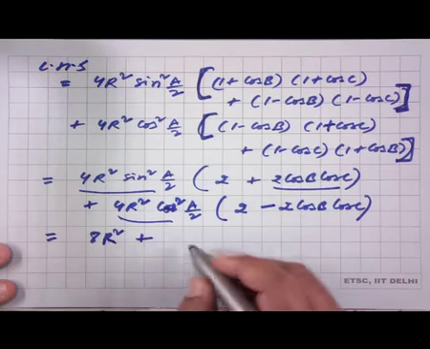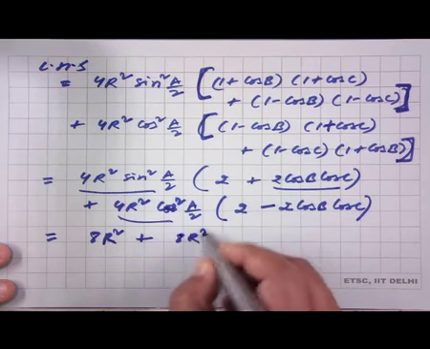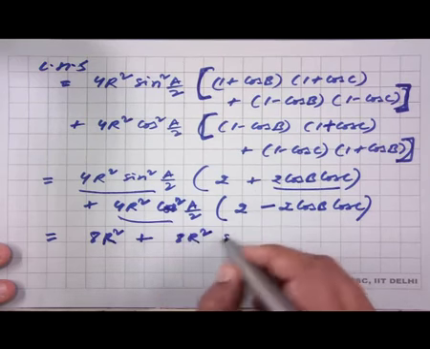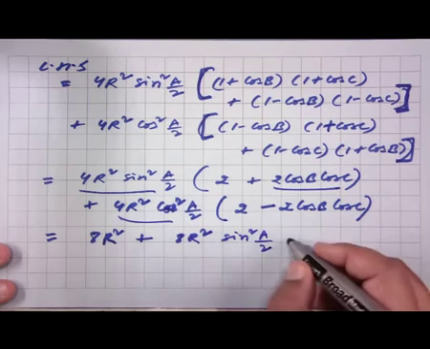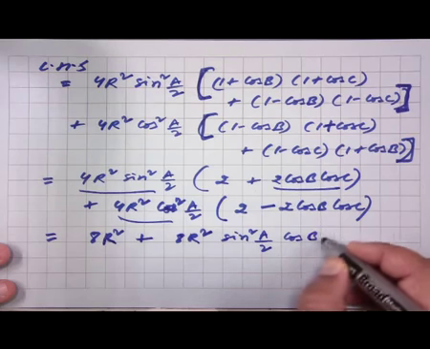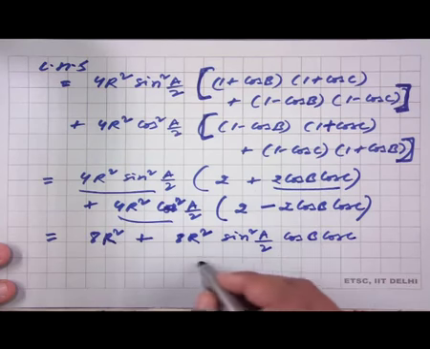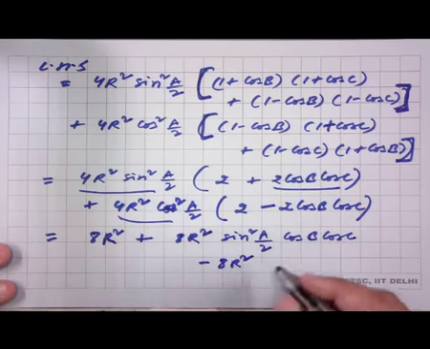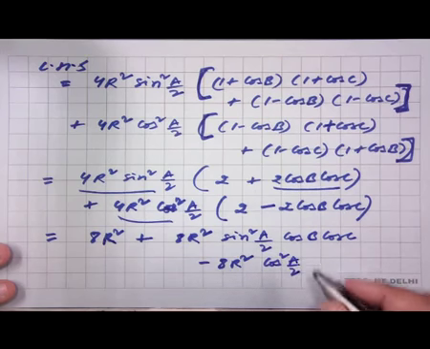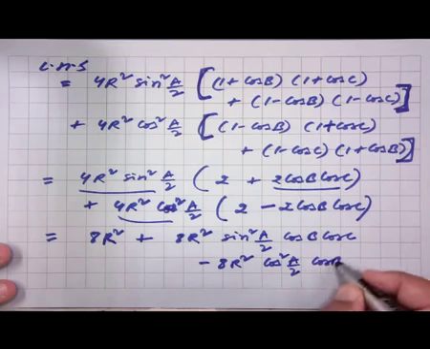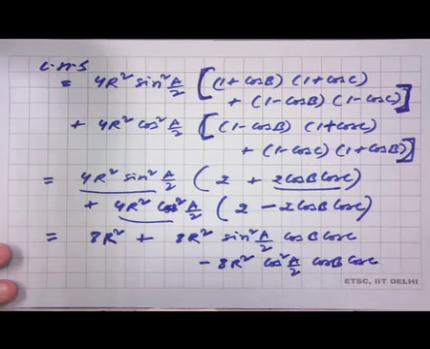So, what we will get then is 8R square into sine square A by 2 into cos B cos C minus 8R square cos square A by 2 into cos B cos C.